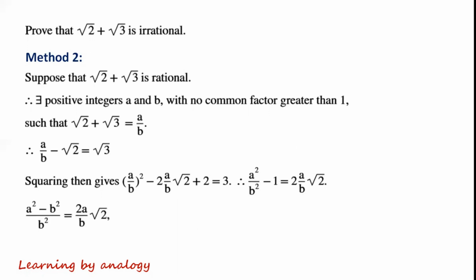A squared over b squared minus 1 can be written as a squared minus b squared over b squared. So we can write a squared minus b squared over 2ab equals root 2.